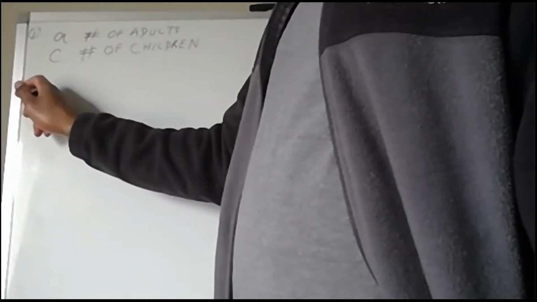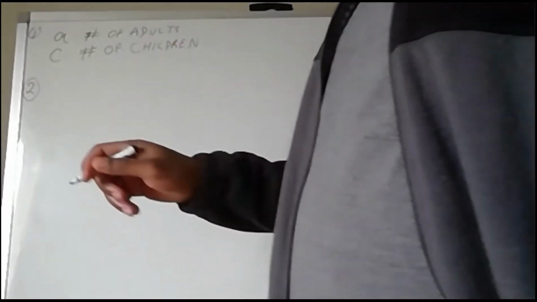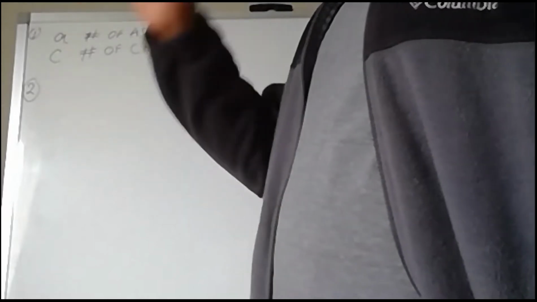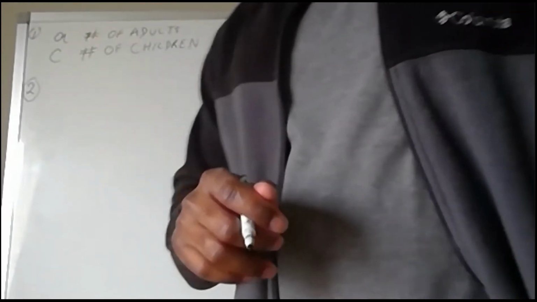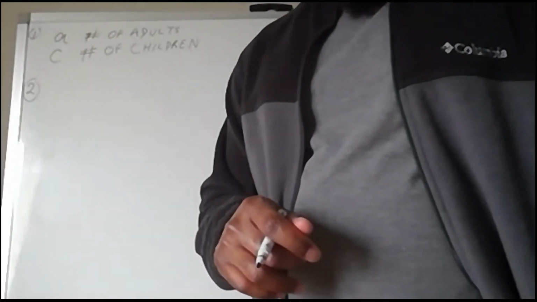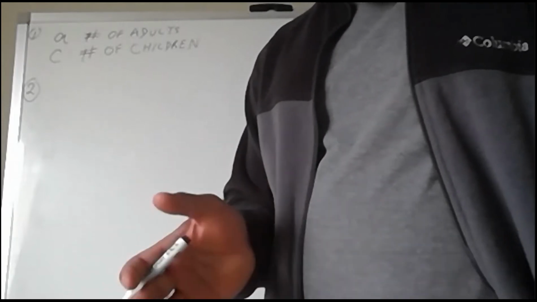Step two is going to be to write the equations, all right? If we look at the problem, we are told that there were 2,200 people who entered the fair.